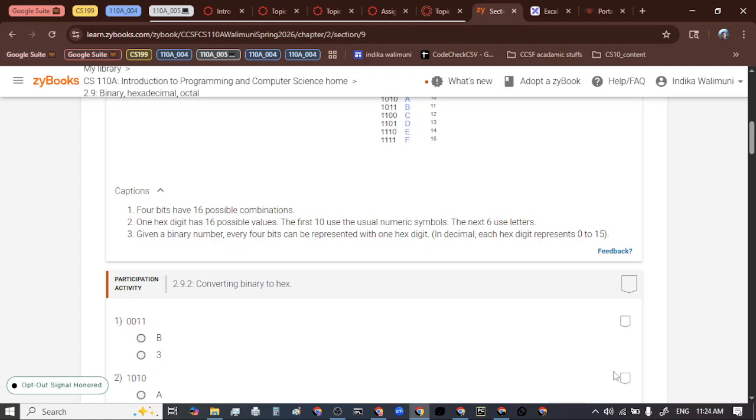How do we convert decimal to binary? Anyone have the answer? I want the name of the technique. Yes, you're right. We're going to learn about the division one. It involves dividing, but I want the specific name. It's factoring by 2, right? But there's a specific name for that.